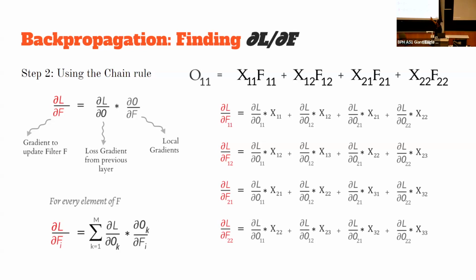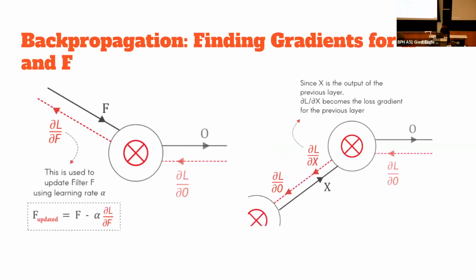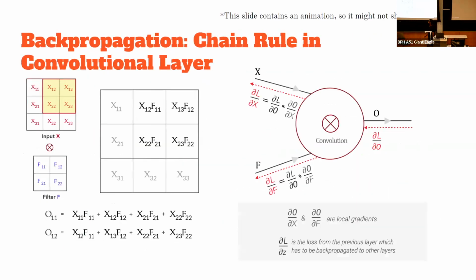Do these formulas look like they follow a pattern? If you look at one of the equations, you can see O11, O12, O21, and O22 are there, and then you can see the multipliers are x22, x23, x32, and x33. Similarly for all the equations. Do we see some sort of pattern here? Let's look at the equations of convolution that we had.